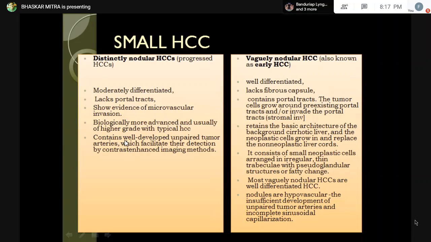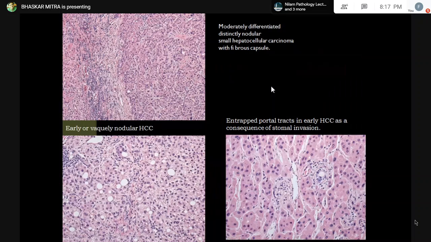They are biologically more advanced and usually have a higher rate of transforming into the typical hepatocellular carcinoma. They contain an important thing, the vascular supply; they contain their own blood supply from their arteries. Another is the vaguely nodular hepatocellular carcinoma, also known as early hepatocellular carcinoma. These are well differentiated tumors. They lack the distinct fibrous tissue at the periphery, so they are vaguely nodular.